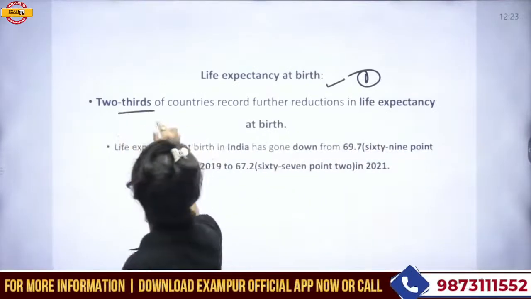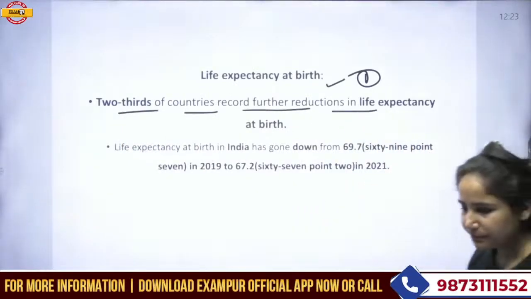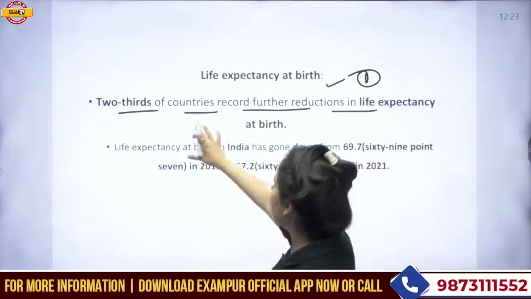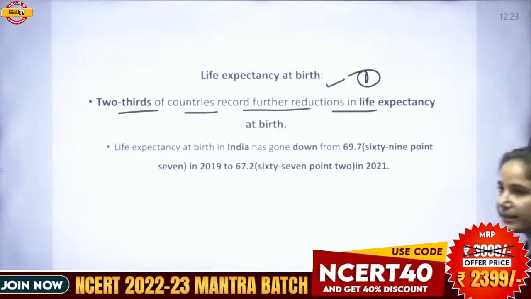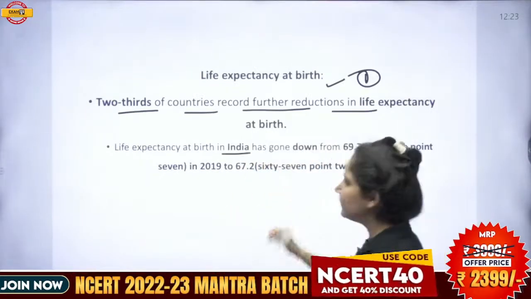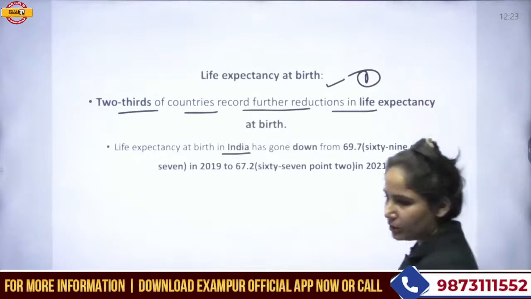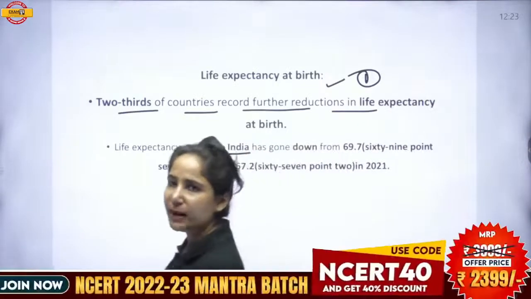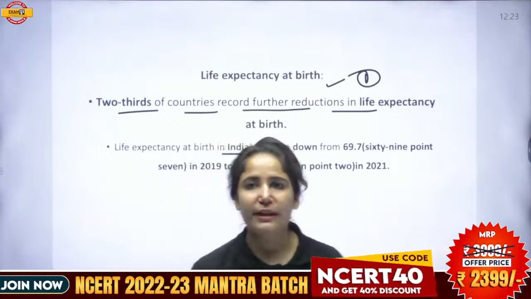That is, two-thirds of countries record further reduction in life expectancy at birth. And life expectancy at birth in India has gone down from 69.7 to 67.2. If two-thirds of countries might have faced this, it can be a valid situation for India. We can just talk about that.